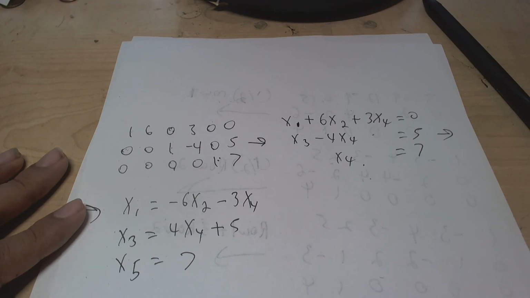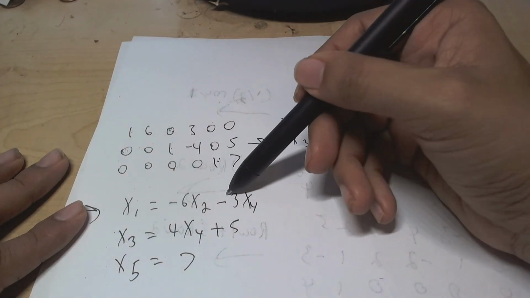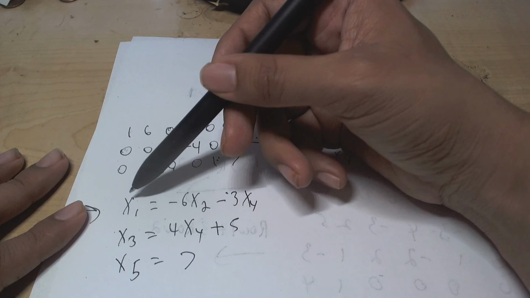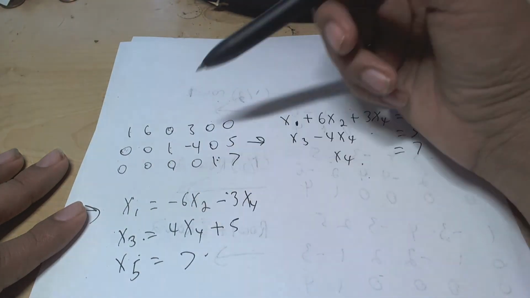Anyway, you can notice that we have the potential to solve for x sub 1, x sub 3, and x sub 5. We don't need to solve for x sub 5 because we already know it's 7.